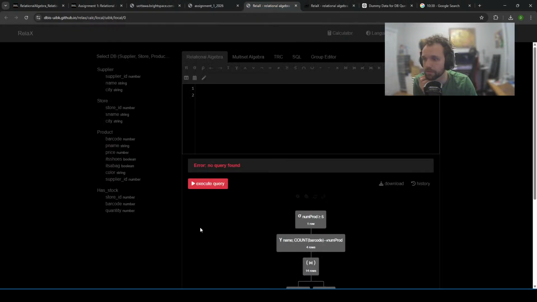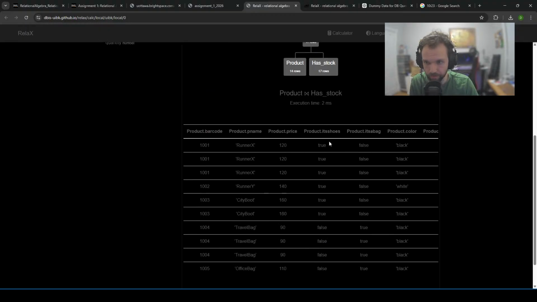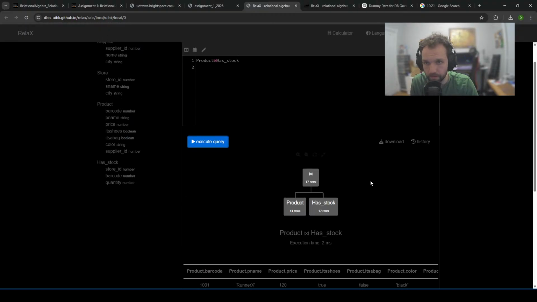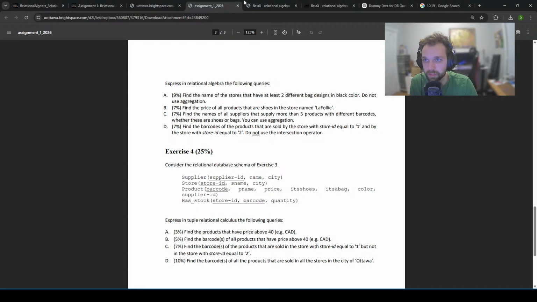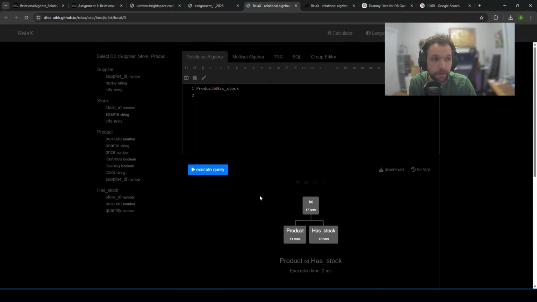Okay, so first and foremost, I'm probably going to want to join product and hasstock together. 17 rows, beauty. So I'm not allowed to use the intersection. Doesn't say I can't use aggregation.